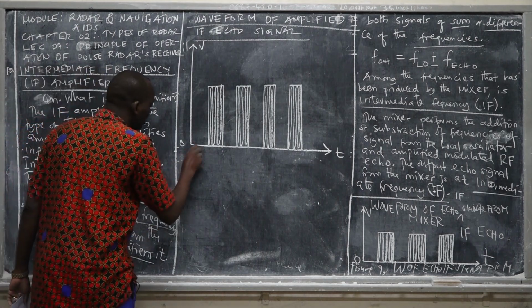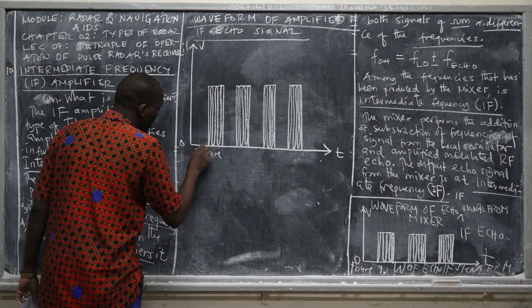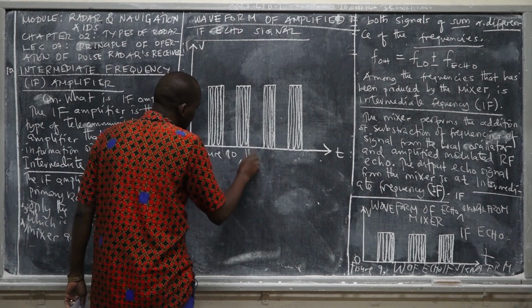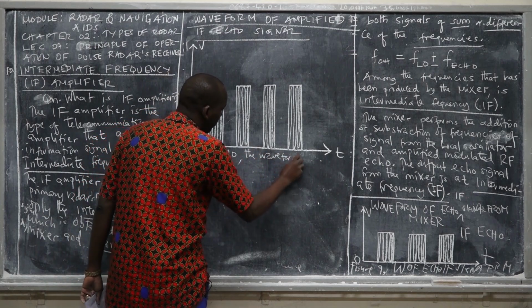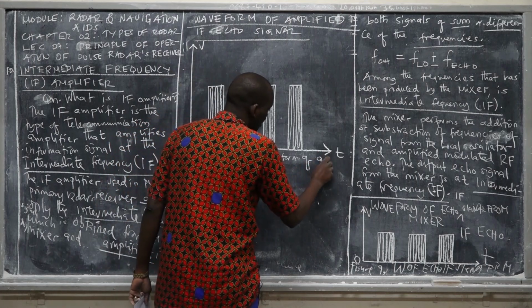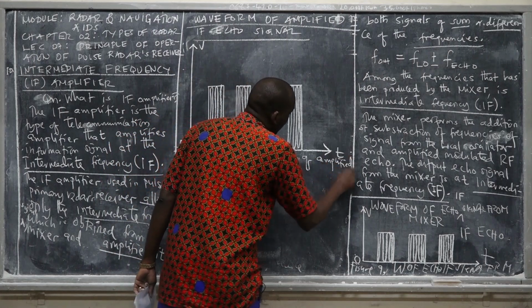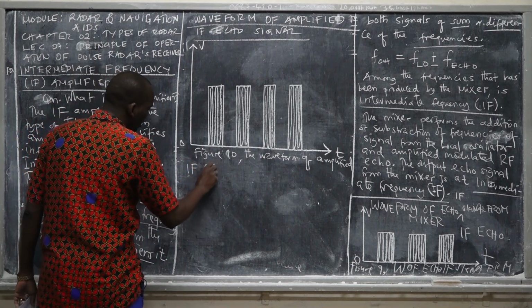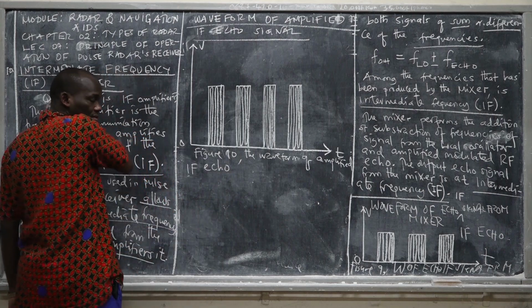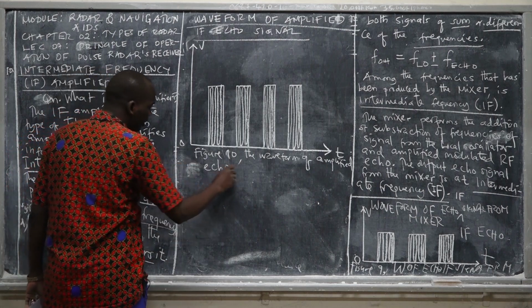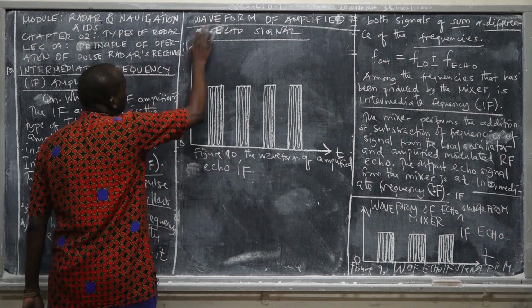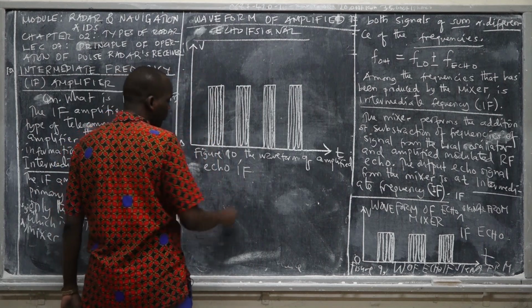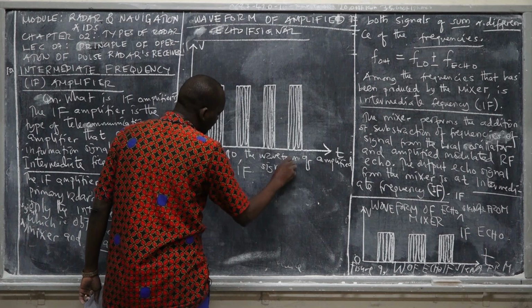This is Figure 10. It's the waveform of the amplified echo intermediate frequency signal.